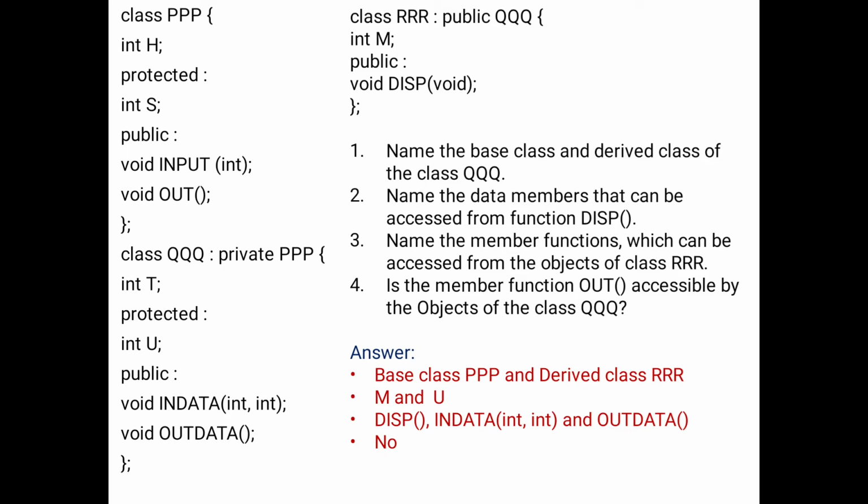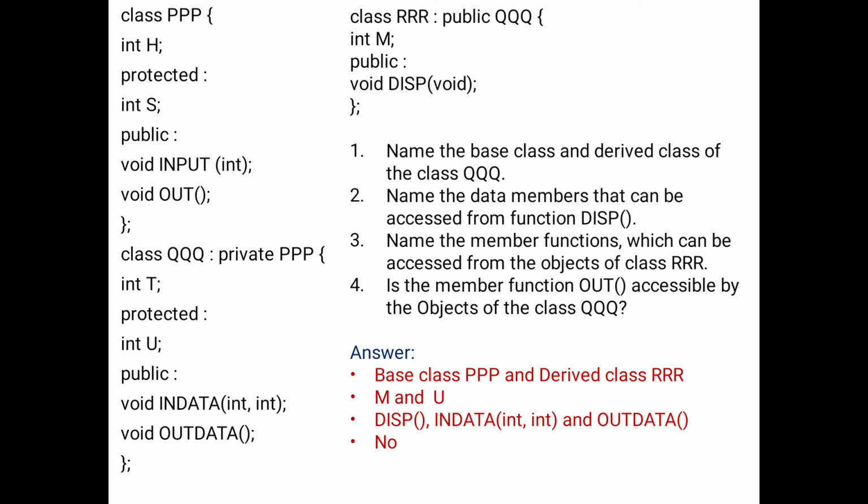Now you can see that you have a protected data member also. The label protected is written there, and the data member is int s. Like private, the protected access specifier makes the member inaccessible by other non-derived classes.